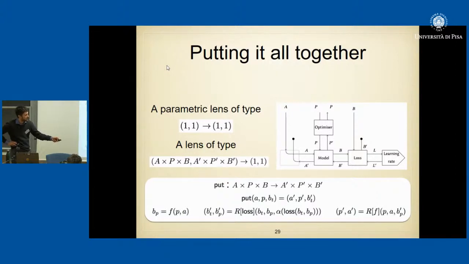This gives me the desired change in the parameters as the first element. This is maybe a bit hard to follow, but I just wanted to pattern match the types of these morphisms to show you how the algorithm typically used for gradient descent arises completely from this put map.